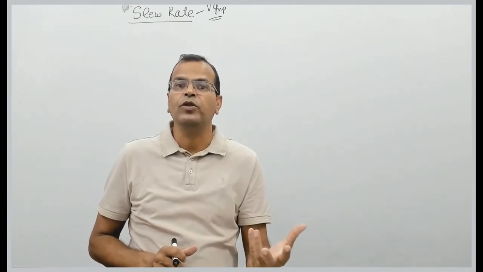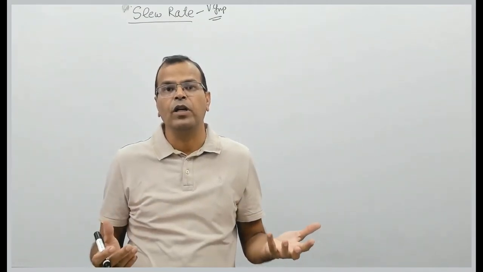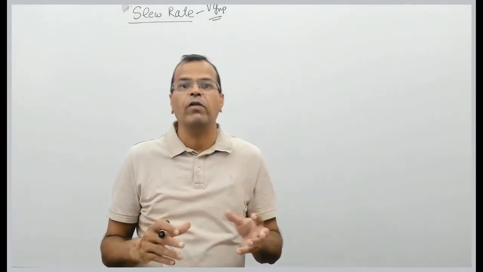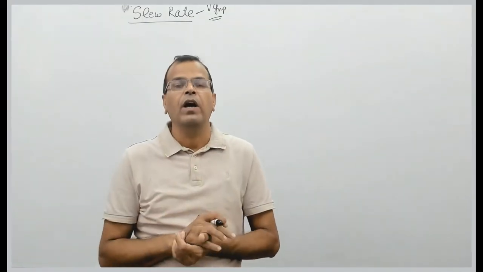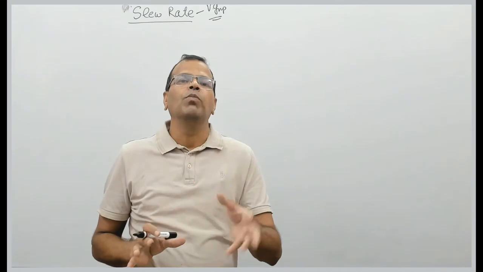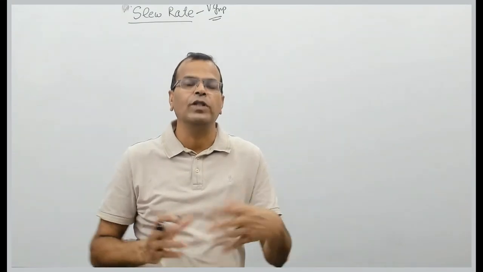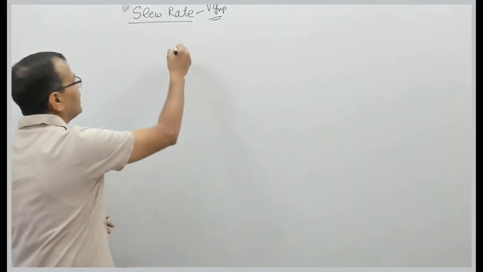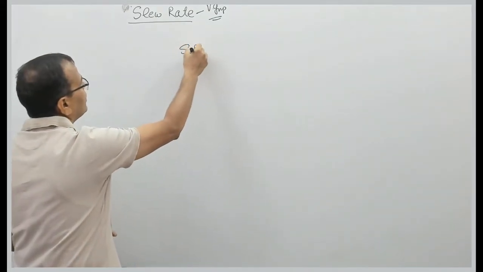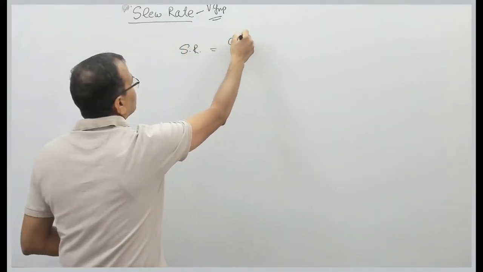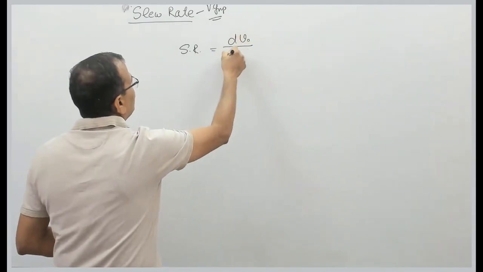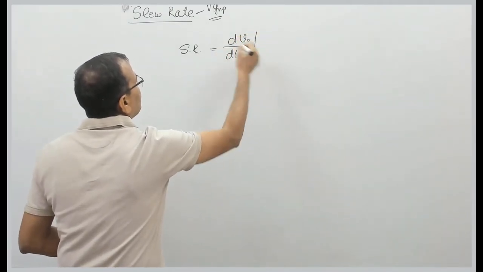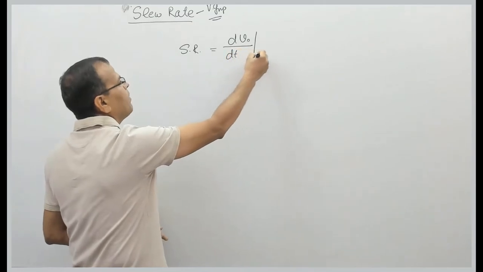If input is sinusoidal, the output should be sinusoidal. If input is a square wave, the output should be a square wave, and so on. But most of the times we talk about sinusoidal signals, right? So I will say the slew rate is nothing but the maximum rate of change of output of the amplifier, you can say op-amp based amplifier.